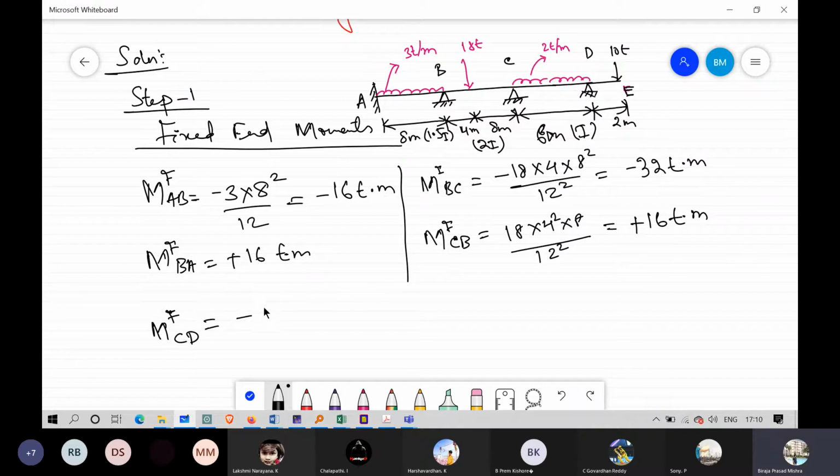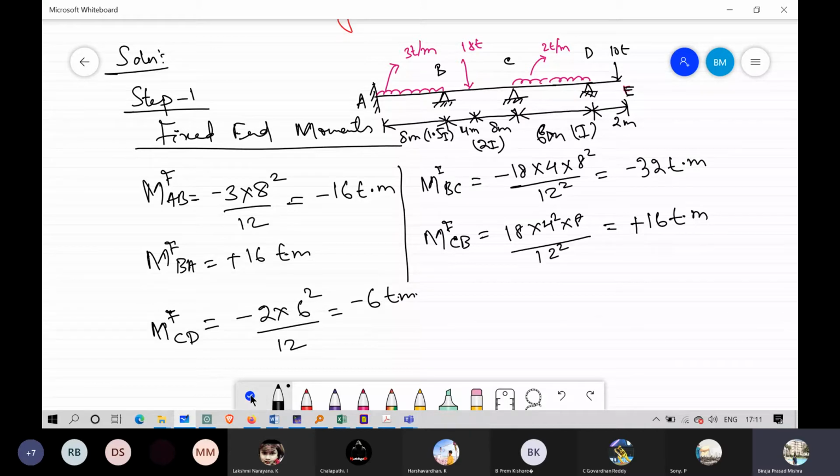So MFCD equals minus 2 into 6 square divided by 12. So how much is it? 2 into 6 square is 72, divided by 12, it will be minus 6 ton meter.